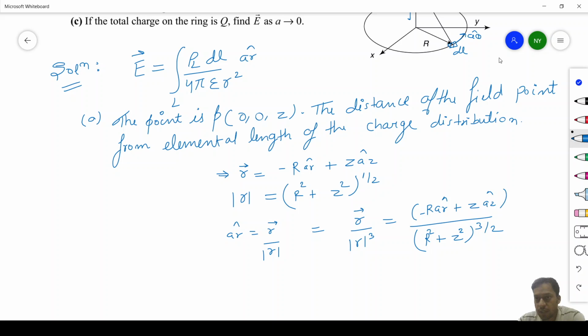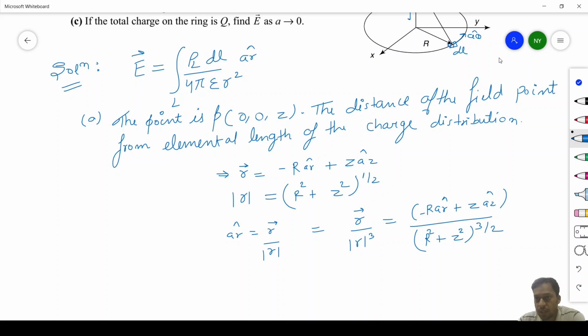the electric field E can be written as E equal to, so for line charge density we have lambda and we have the constant 4 pi epsilon. And we have, instead of dl, r d phi.